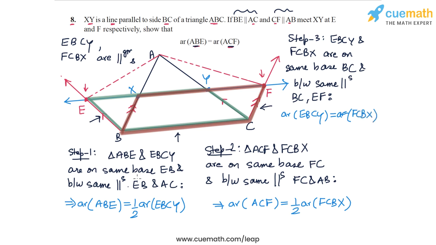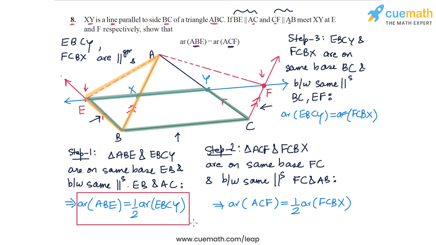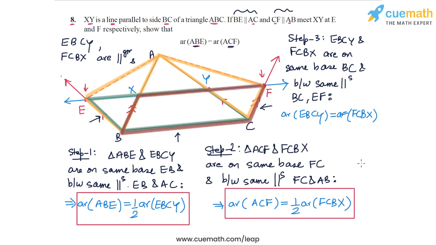We have written 3 relations. The first one is that the area of ABE is half of the area of EBCY. In the second step, we have found that the area of ACF is half of the area of FCBX. And then finally in the third step, we have found that the areas of the two parallelograms are equal.